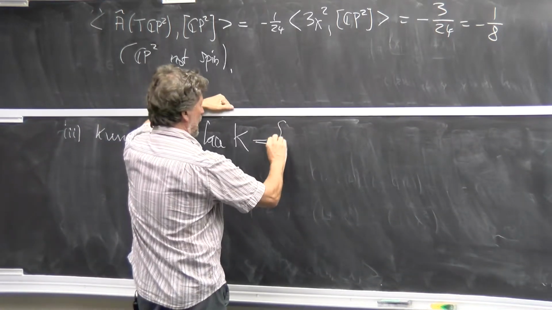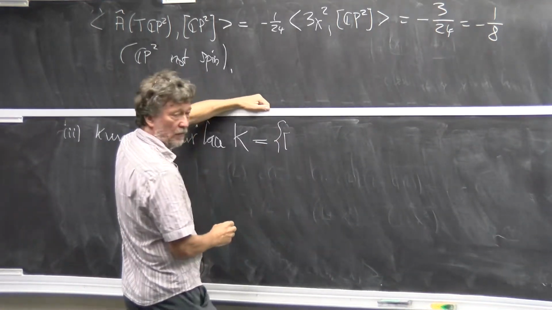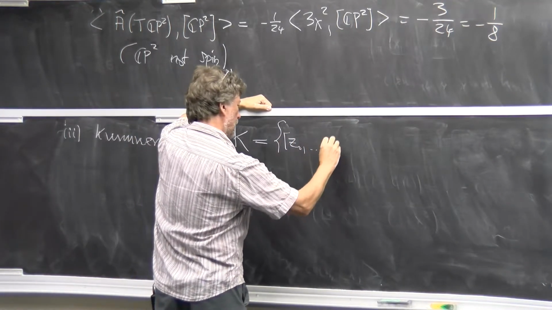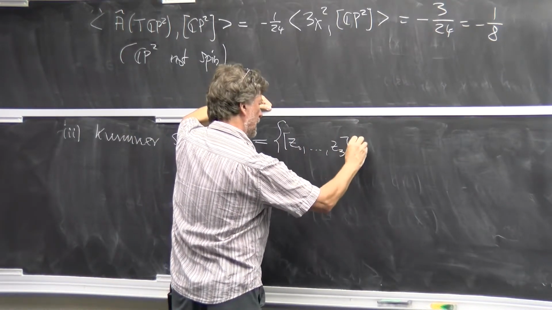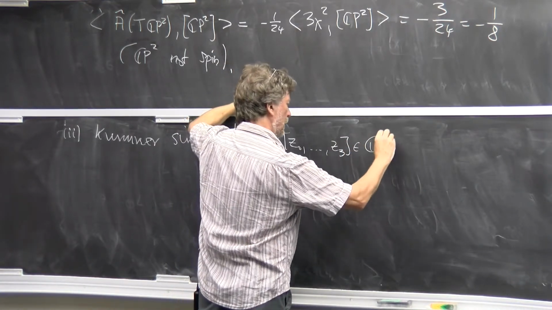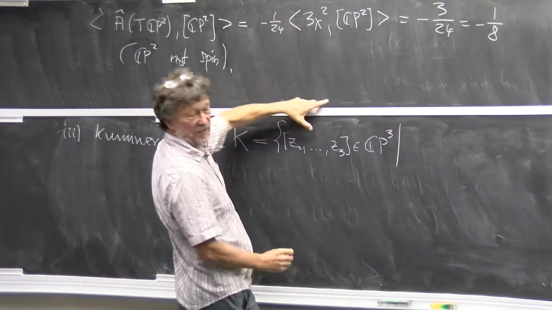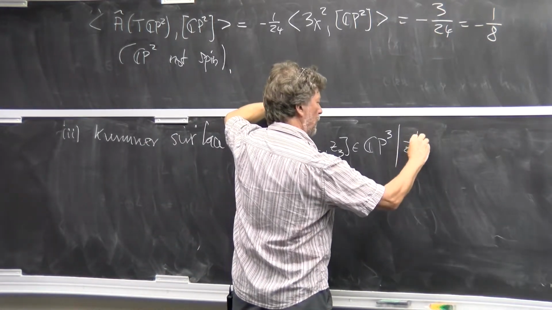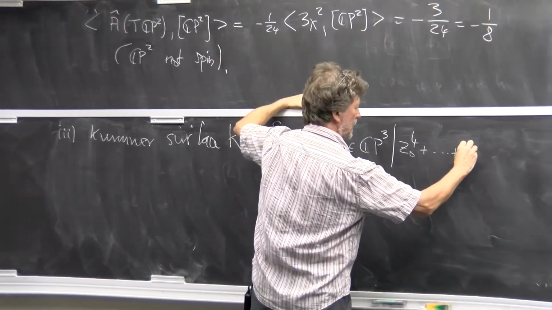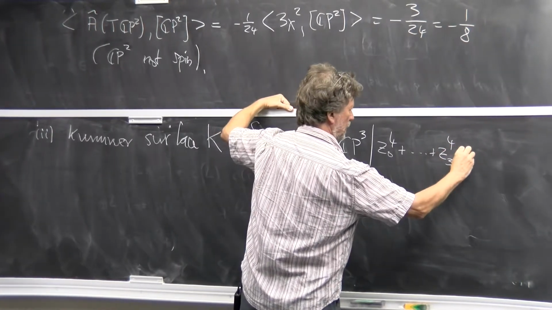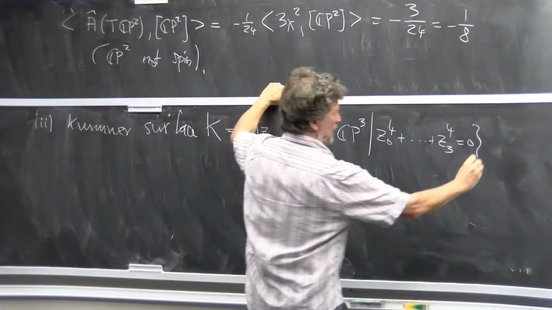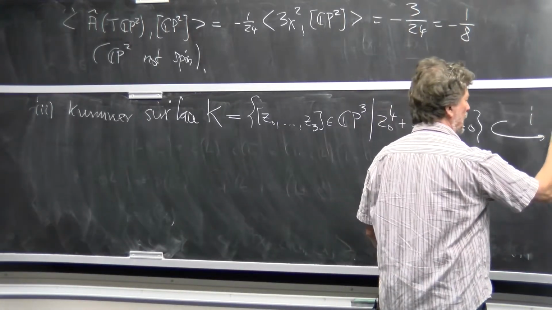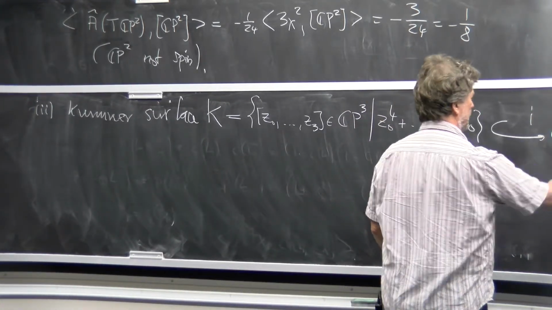That is a subset of the 3-dimensional complex projective space consisting of points Z0 through Z3 in CP3, which satisfy a quartic equation. Namely, if you take the 4th power of all the coordinates, that's supposed to give you 0. So this includes, well, an inclusion map I call I, into CP3.